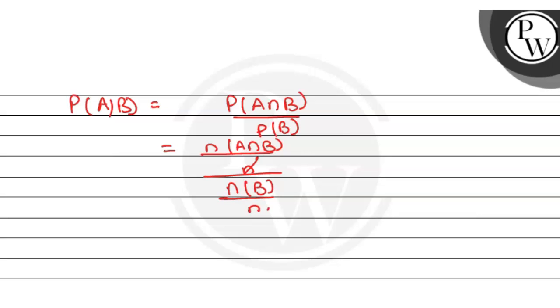So the total number of elements cancels, and what we will get is number of elements in A intersection B divided by number of elements in B.